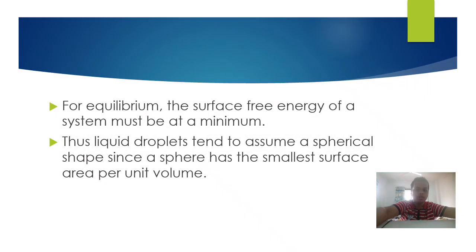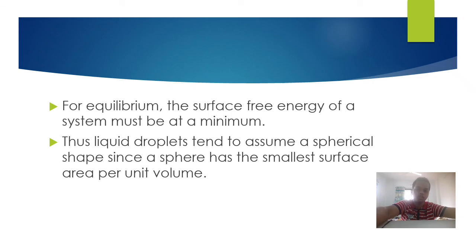Now for equilibrium, the surface free energy of a system must be at a minimum. In order to achieve equilibrium, surface free energy should be minimum. Otherwise, the equilibrium can't be established. So liquid droplets tend to assume a spherical shape since the sphere has the smallest surface area per unit volume.